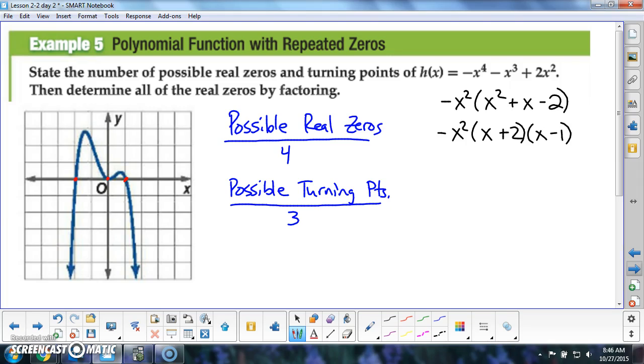So our real zeros are found from the factors. We get 0, we get negative 2, and we get positive 1. So we actually have 3 real zeros, but one of them is counted as a double or a repeated 0, a double root, and that is at 0.